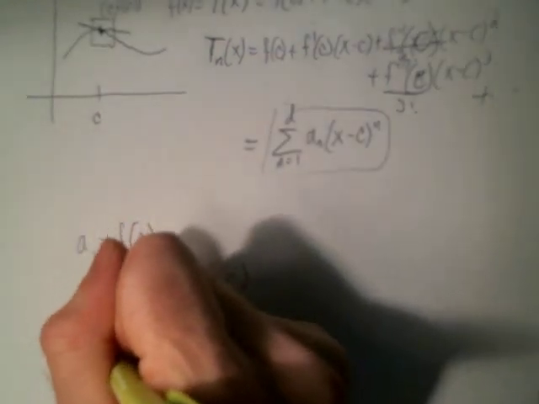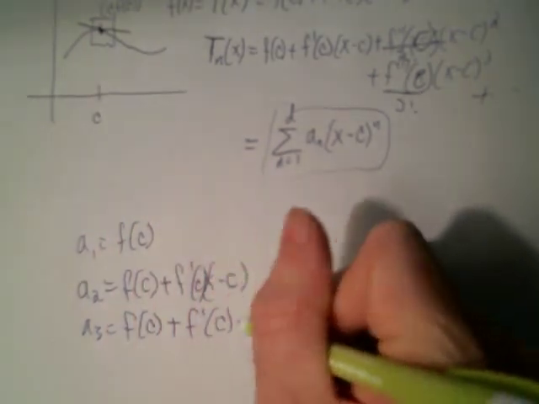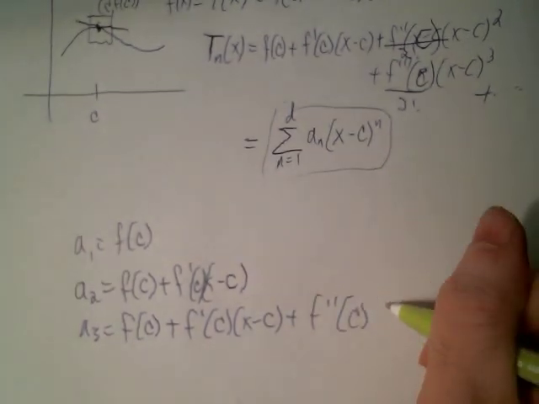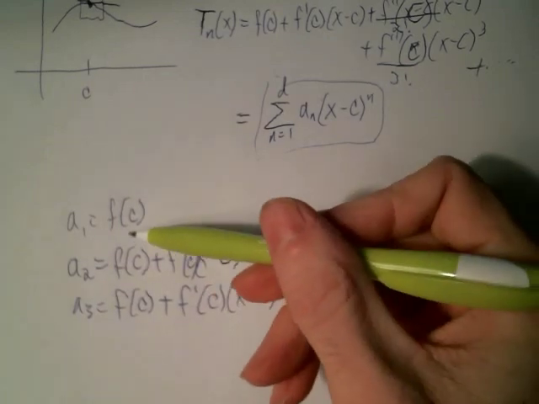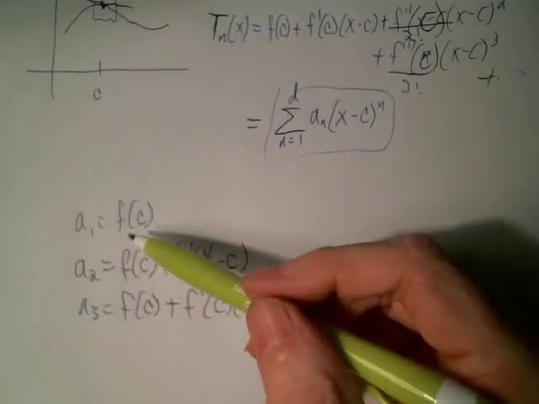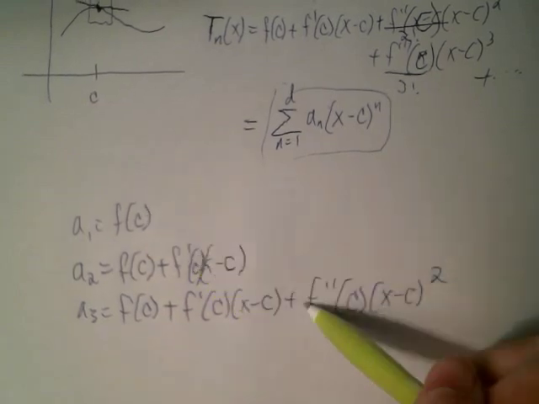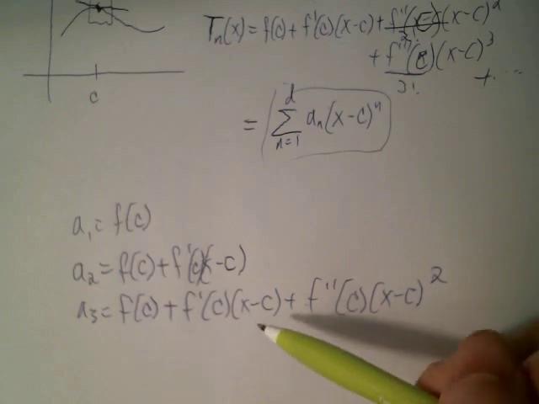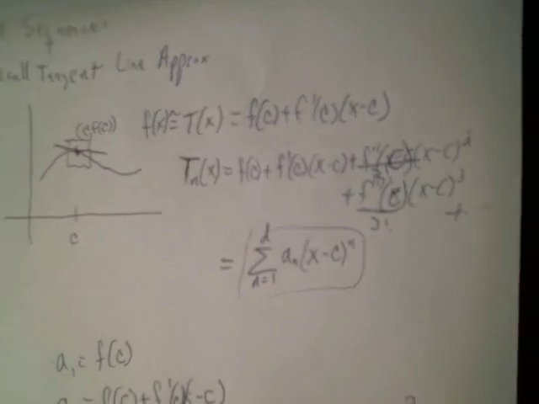Then the third term would be f of c plus f prime of c times x minus c plus f double prime of c times x minus c squared, etc. So you'd have a sequence of things, partial sums basically, and we worry about whether or not these go somewhere. In other words, converge to some value. Okay, so eventually that's where we're headed.